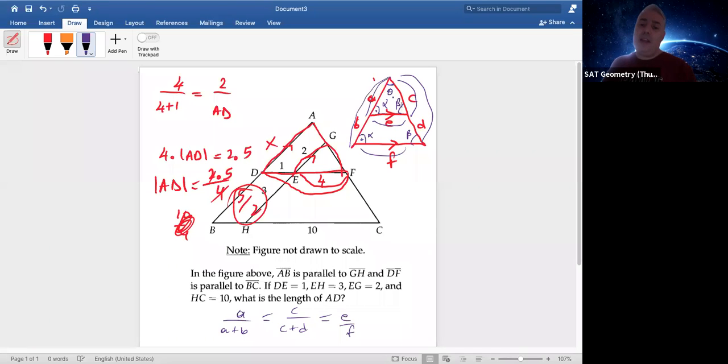So in the small triangle, opposite of theta you have E, divided by, in the big triangle, opposite of theta, which is F. E over F equals, in the small triangle, opposite of beta, A, in the big triangle, opposite of beta, we are talking A plus B. And opposite of this angle alpha, C. Now, in the big triangle, opposite of alpha is C plus D. That's it, nothing else.